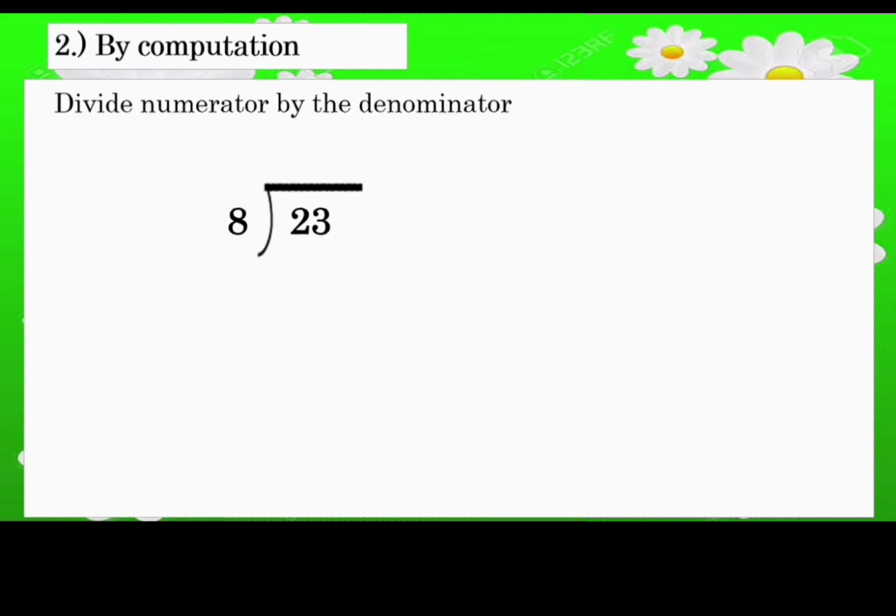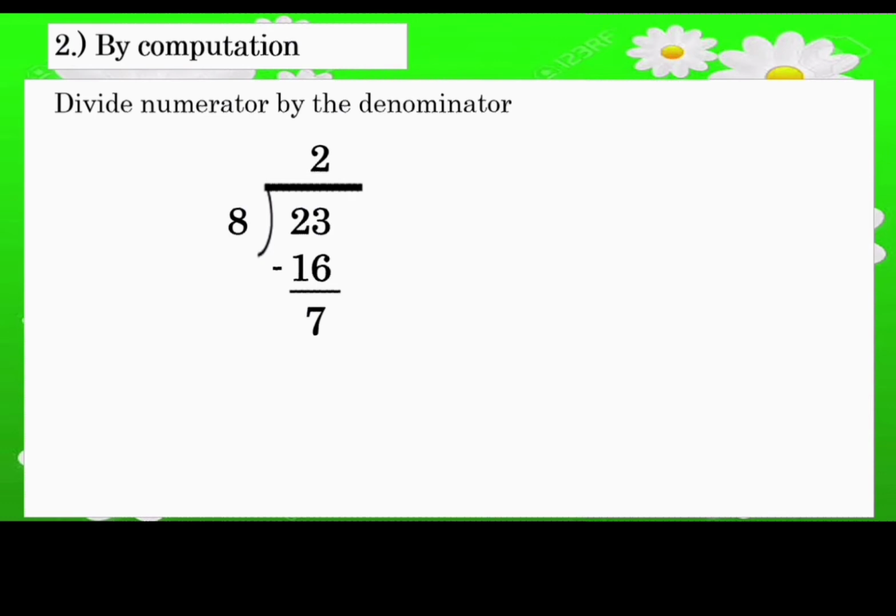Let's divide them now. How many 8 we have in 23? So we have 2. 2 times 8 is equal to 16. 23 minus 16 is equal to 7.